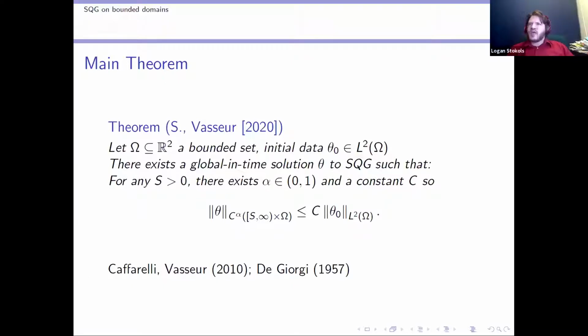This is a regularization result. Like the heat equation, you start off with a Dirac and it smooths out if you wait any amount of time, but the longer you wait, the smoother it gets. It instantly becomes Holder continuous, but how continuous depends on how long you wait. The proof was based on the result of Caffarelli and Vasseur from 2010, which showed a similar result for the SQG on R2 and on the torus.